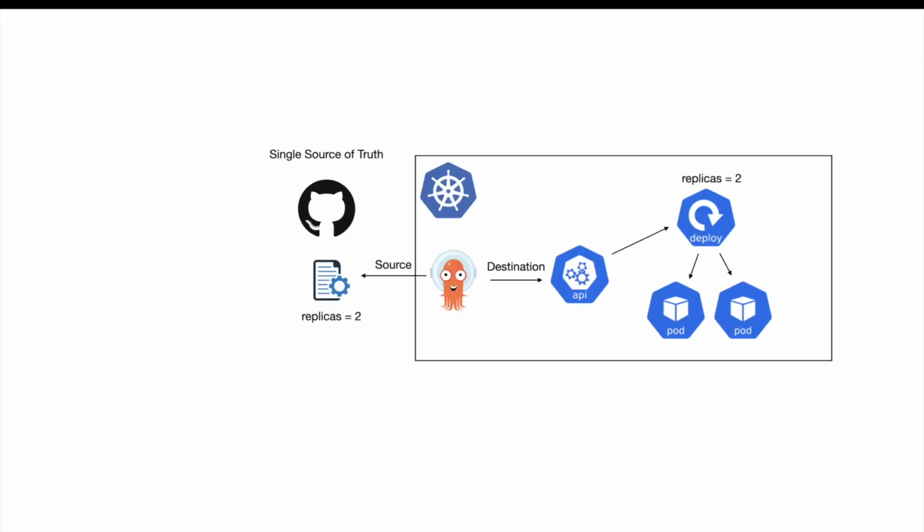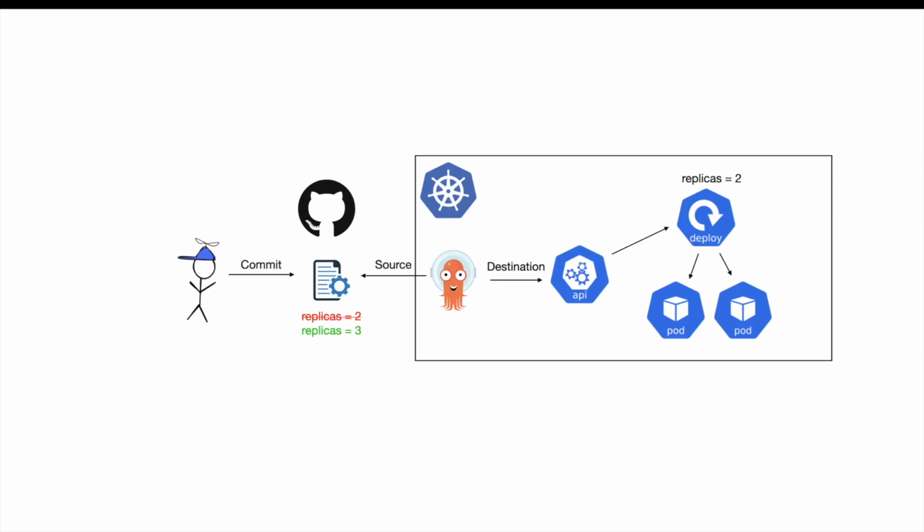So let's see a simple example. Say for example, in your application you are using GitHub, and the replica count of a specific application that you are running in your Kubernetes cluster requires a replica count of 2. Okay, so Argo CD would try to maintain that number of replicas. And say now you have done a commit and you want to scale for a specific event because of incoming sales or any kind of events.